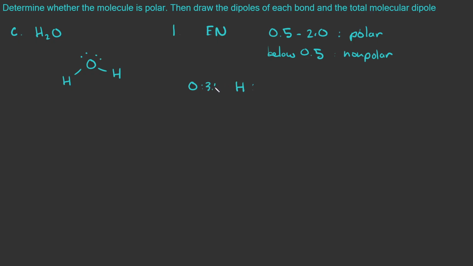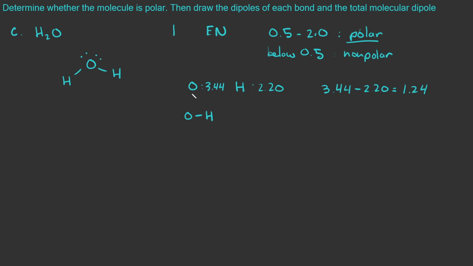So 3.44, 2.20. And so we calculate the difference between those two, 3.44 minus 2.20, and that is equal to 1.24. And so we know that this is going to be a polar bond. Every single OH bond we have in this molecule is going to be a polar bond.